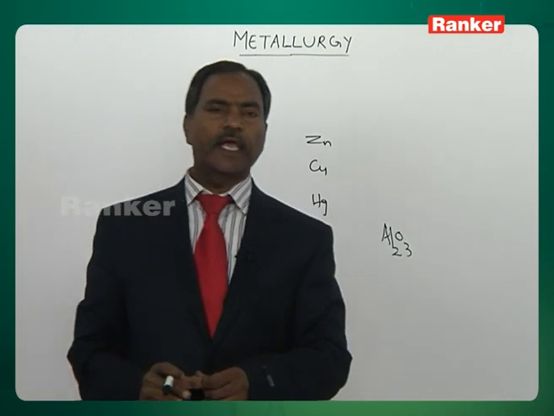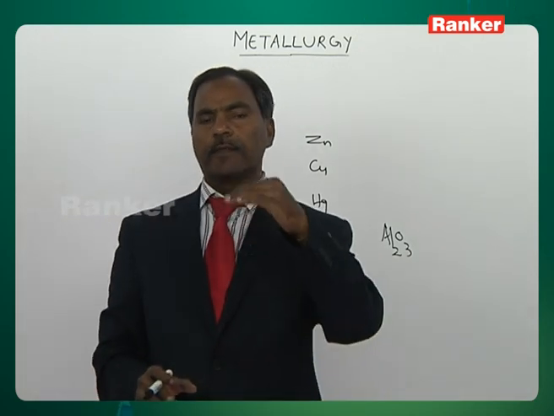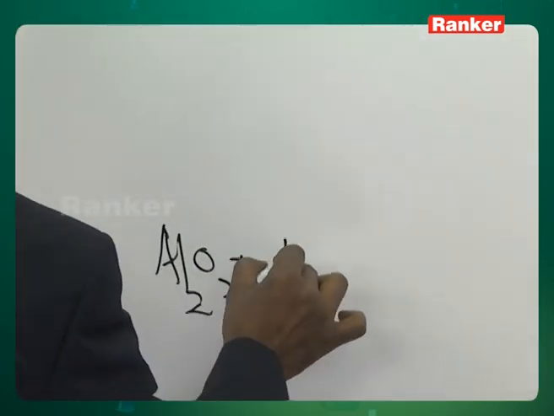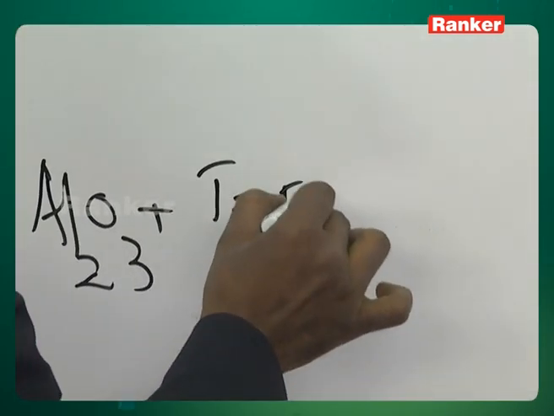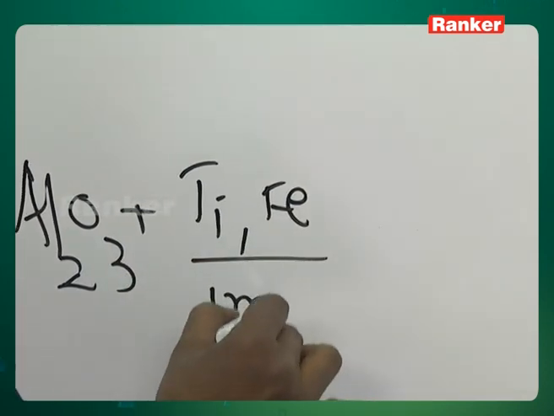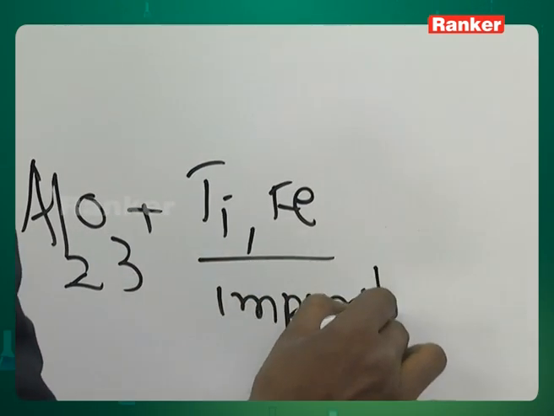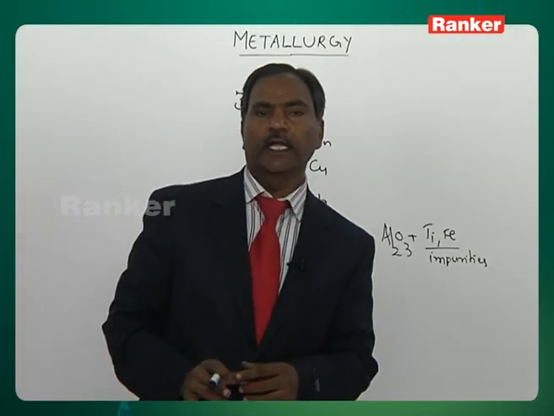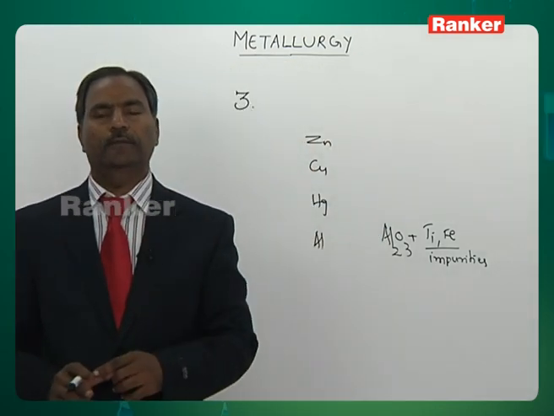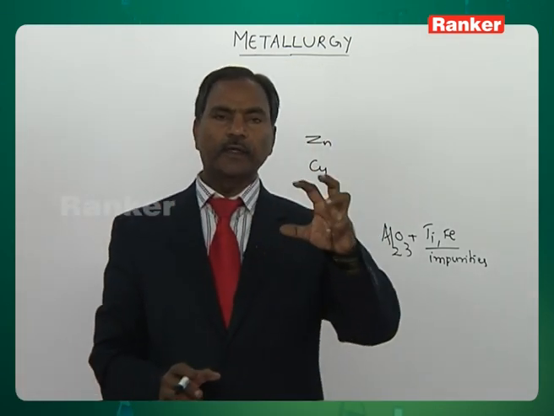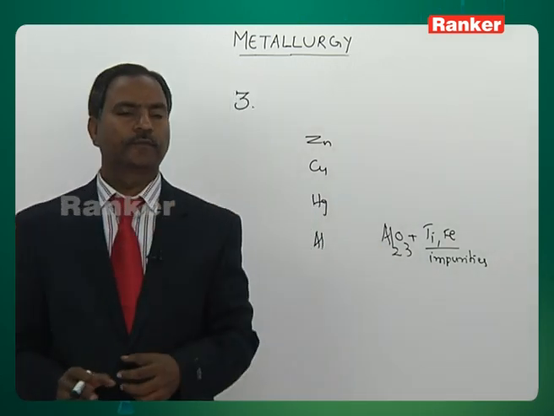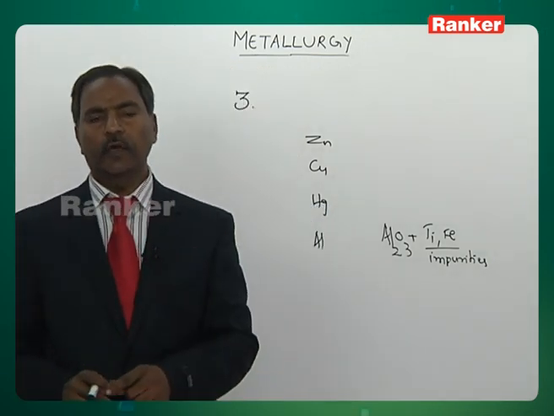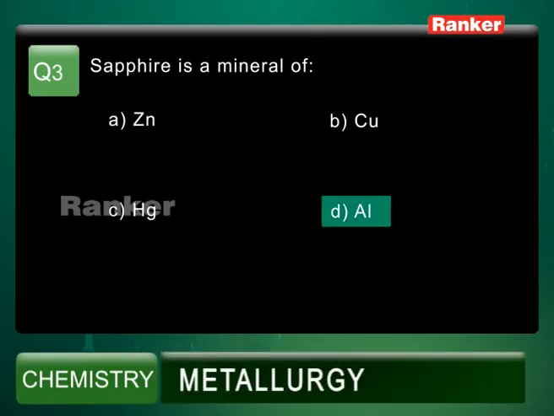Whenever Al2O3 is contaminated with some impurities like titanium and iron, it gets a blue color. So, sapphire is nothing but the blue one, sapphire blue we call. So, it is the mineral of aluminum. Therefore, question number 3, answer is D.